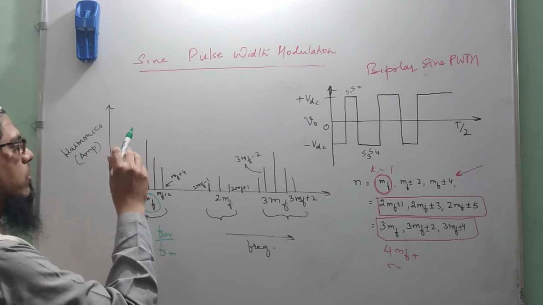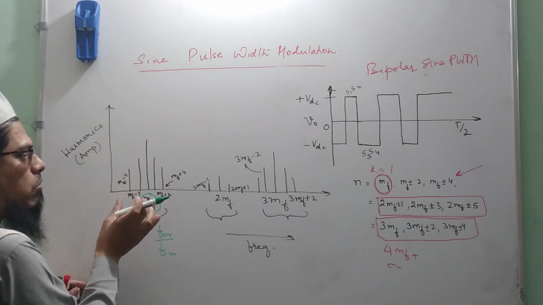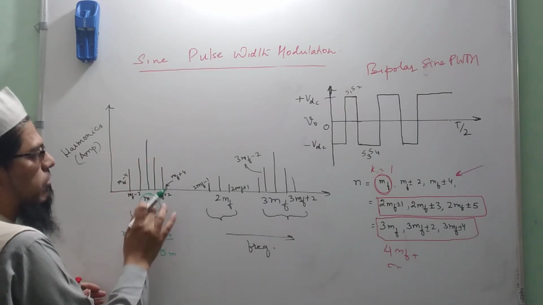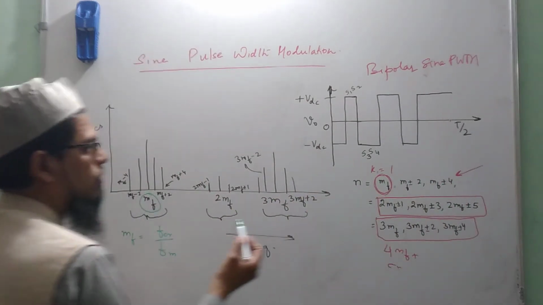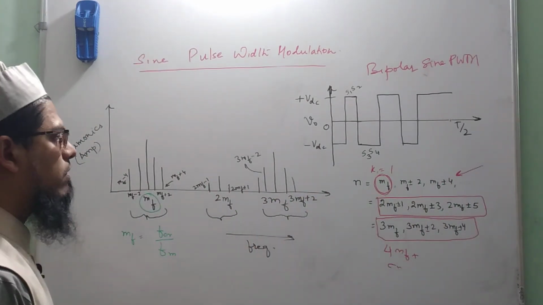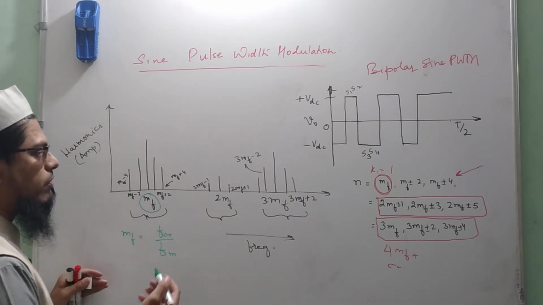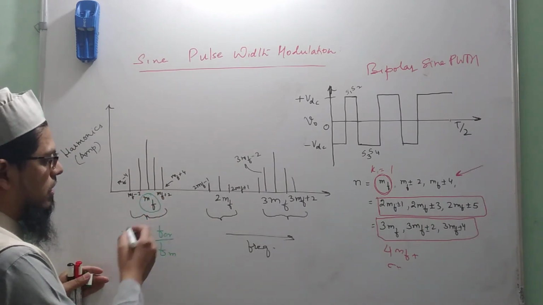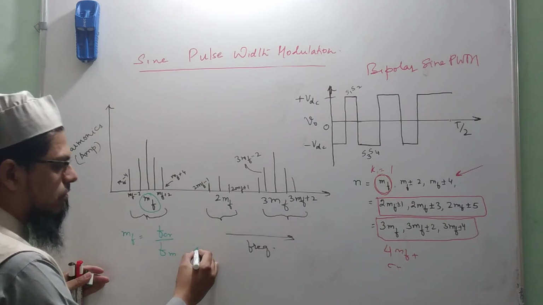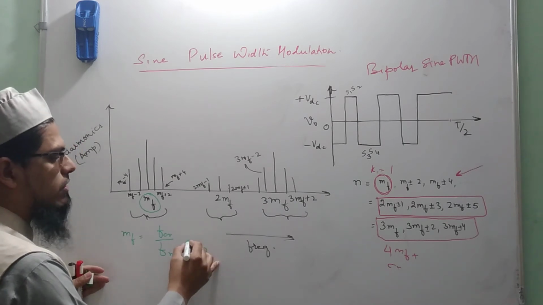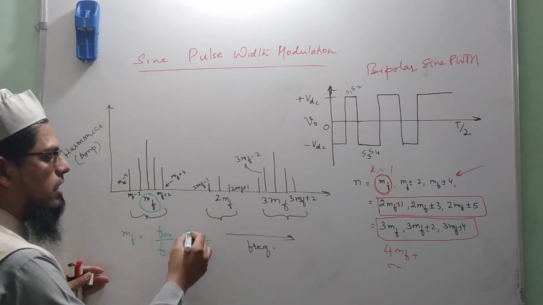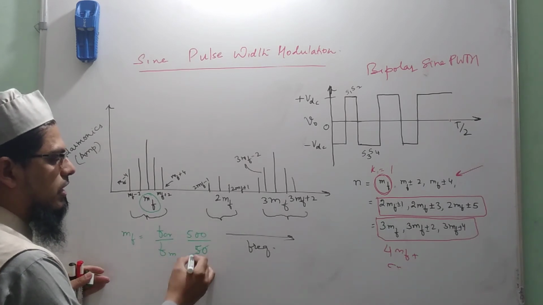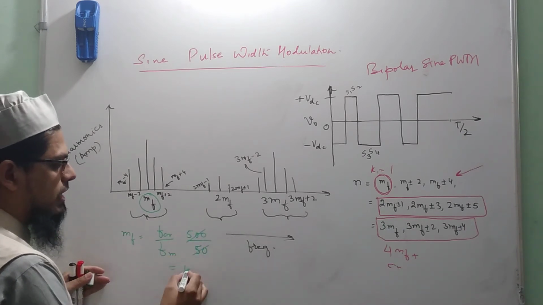So the first band of harmonics would occur at MF: MF, MF plus minus 2, MF plus minus 4. Say for example the fundamental frequency is 50 hertz and the carrier frequency is 500 hertz, then MF would be 10.